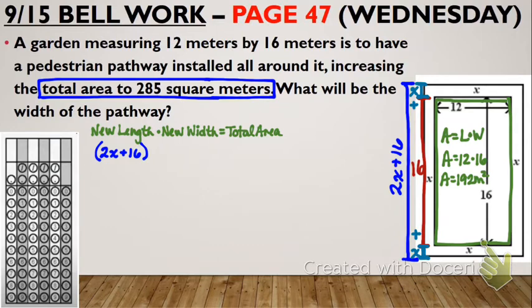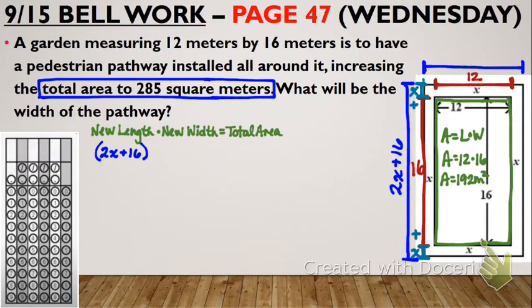So now I'm looking across the top. I need to find a way to represent from right here all the way over to right here. Similar to the side over here, I know how big it is from right here to right here because that's the garden, right? How big is the garden right there? 12.